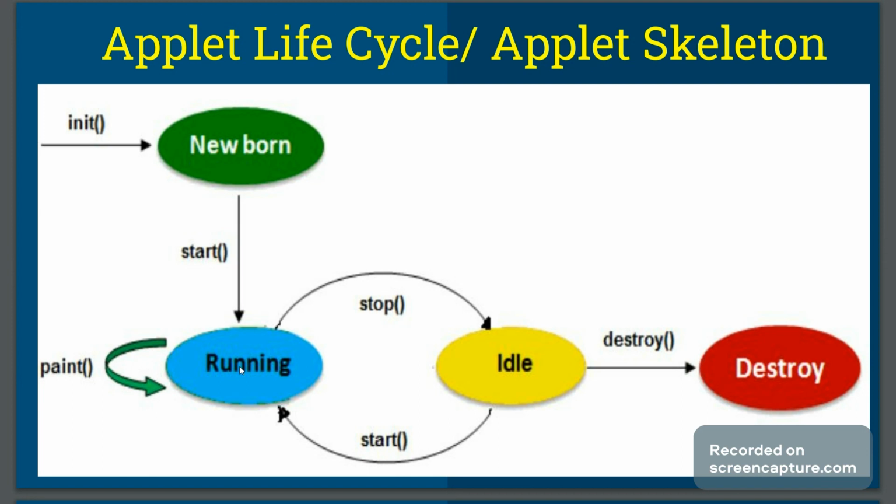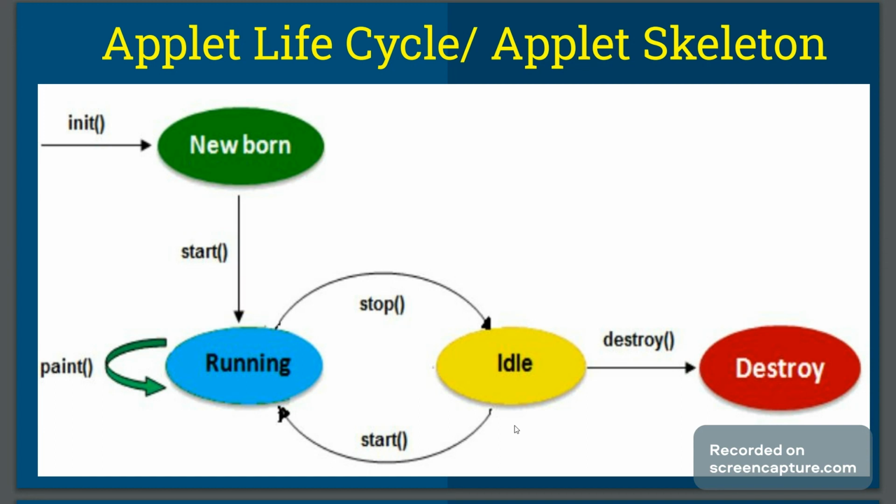The running applet can be stopped forcefully by calling the stop method, so that running applet will be in the idle or block state till the time we call the start method. The blocked or idle applet will run again when we call the start method.